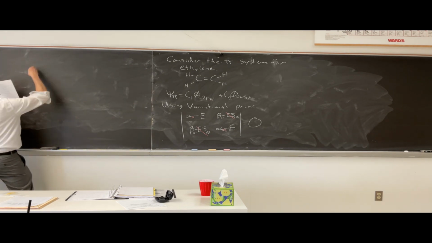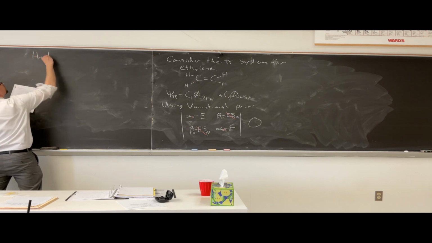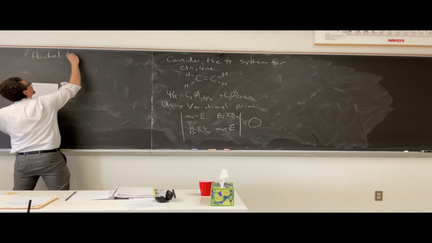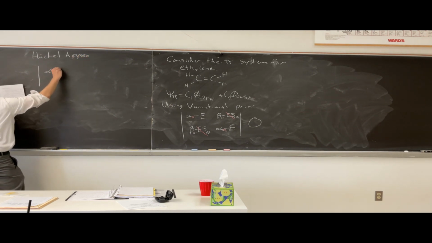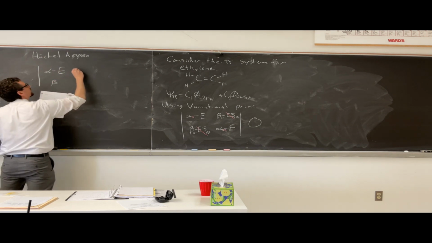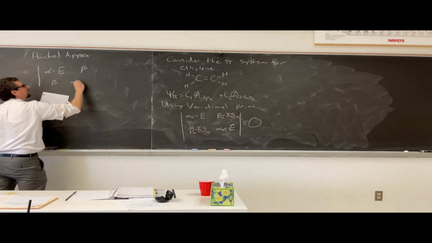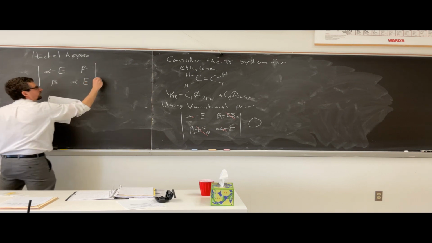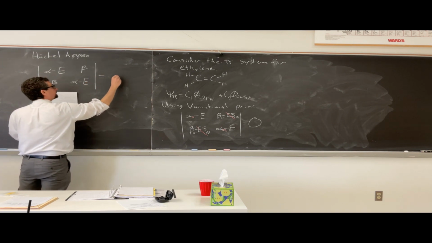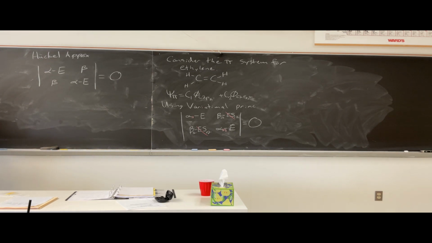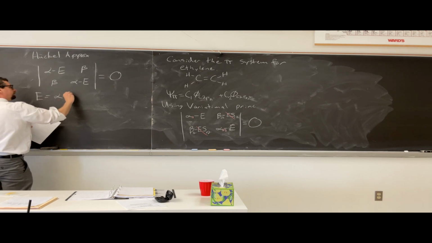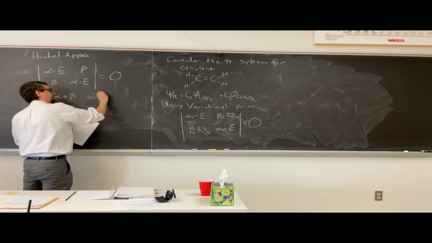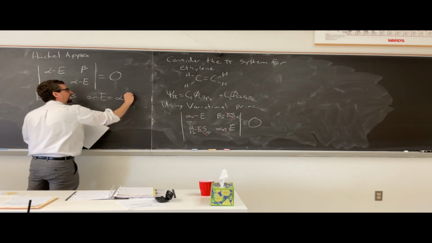So we end up with alpha minus E, beta, beta, alpha minus E. And that's all equal to what? Yep. If you solve for this, you should get 2 roots. Energy is equal to alpha plus beta, or energy is equal to alpha minus beta.